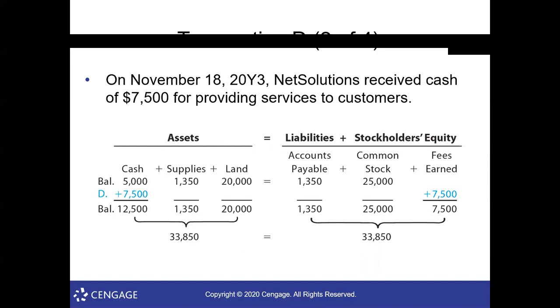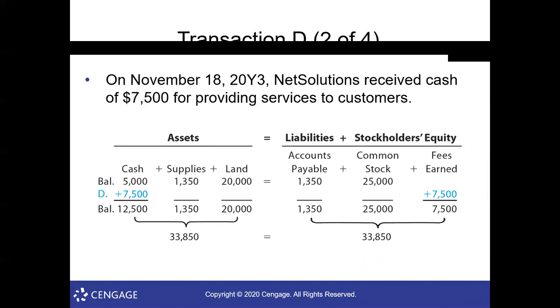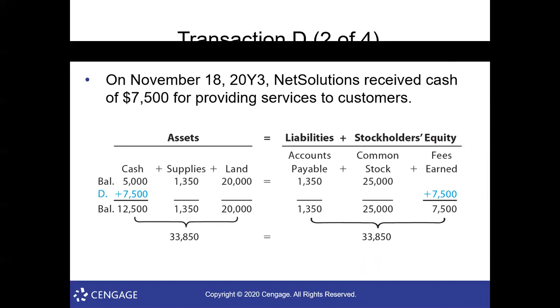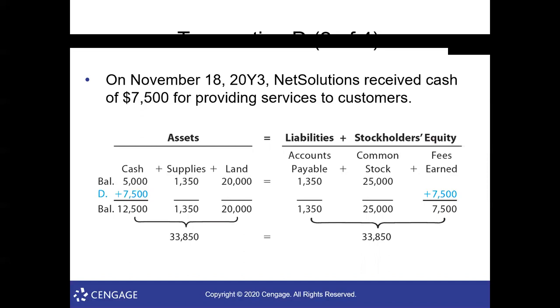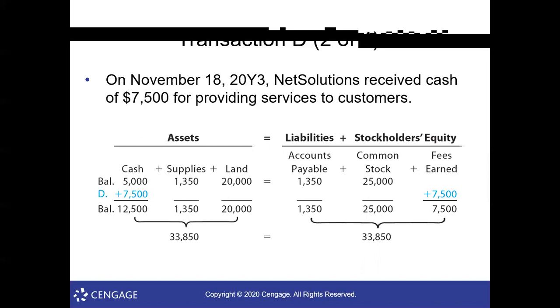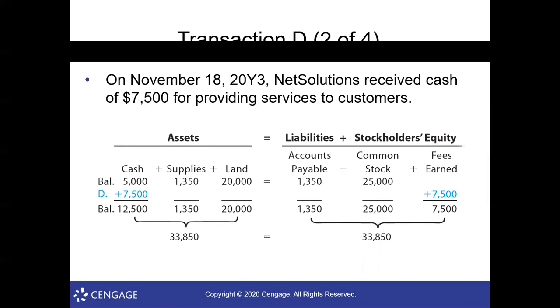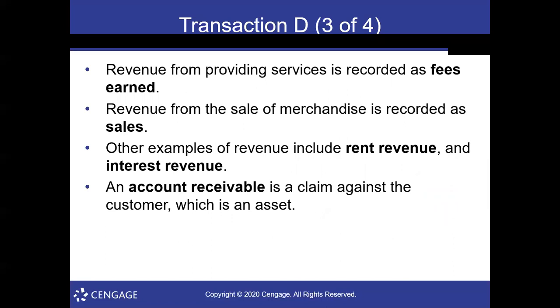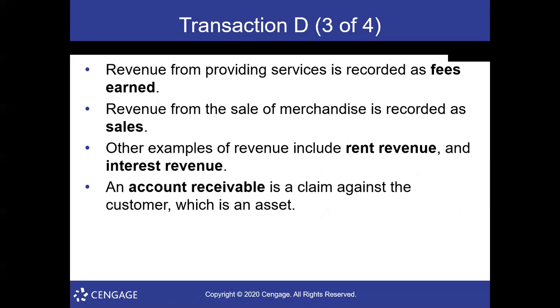So that goes to the cash balance, bringing it up to $12,500. And under stockholders' equity, we have this new account, fees earned, which is the revenue account for this company. So revenues from services are traditionally called fees earned, or it could be commissions earned if it was a real estate brokerage house. Revenue from the sale of merchandise is sales.